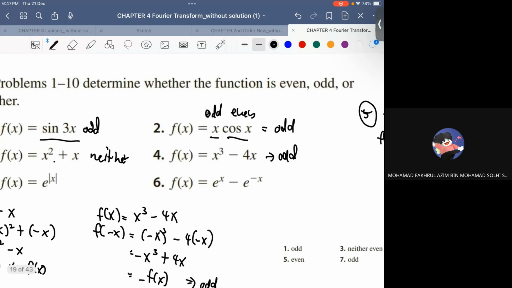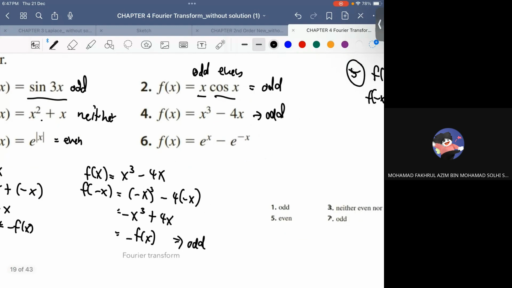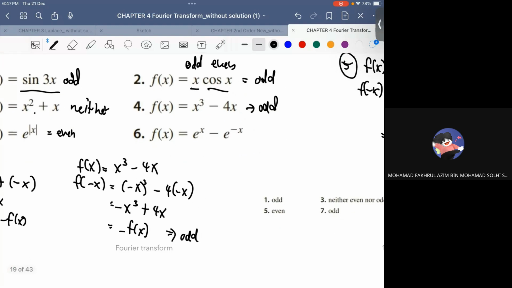So number 5 is an even function. Number 6, exponent x is neither. This one is also neither. So the product is neither function.